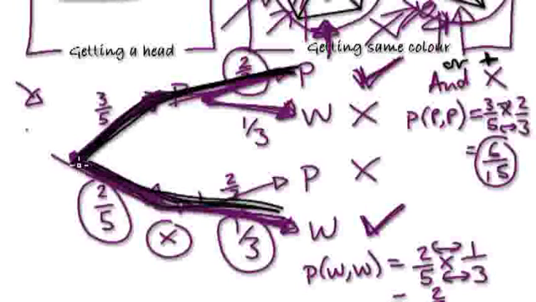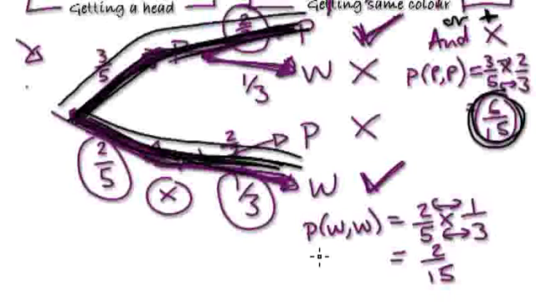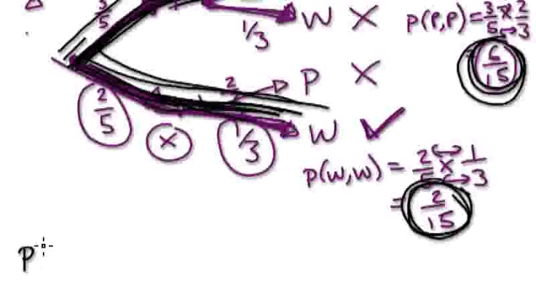The probability of you heading down this route is given by this thing here, and the probability of you going down this route is given by this thing here. So when we're talking about this route or this route, you have to get this and add this.